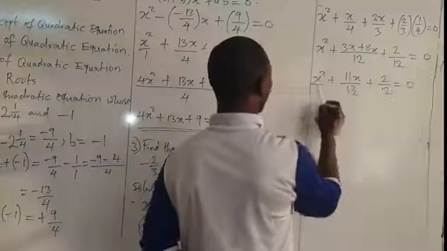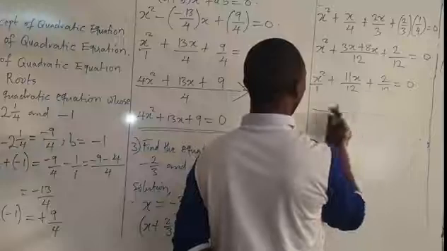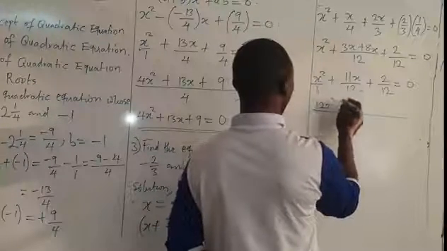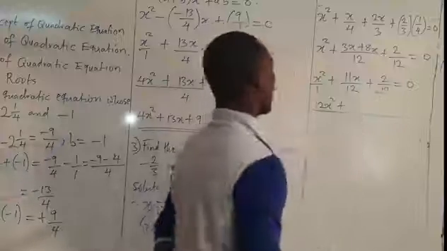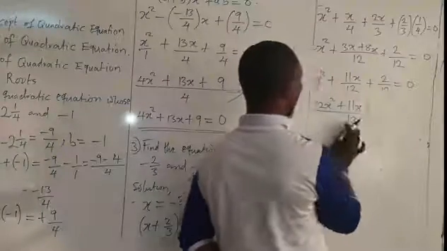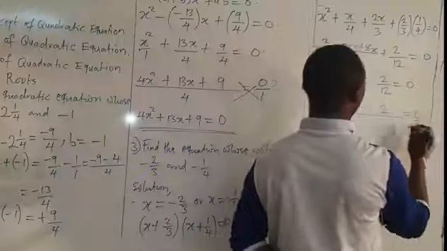So find the LCM. The LCM of 1, 12, and 12 is 12. 1 in 12 is 12, 12 times x squared is 12x squared, plus 12 in 12 is 1, times 11x is 11x, plus 12 in 12 is 1, times 2 is 2, equals 0 over 1.